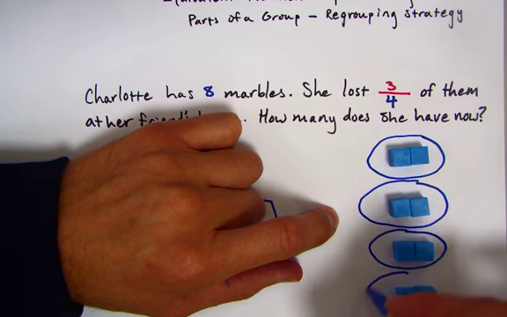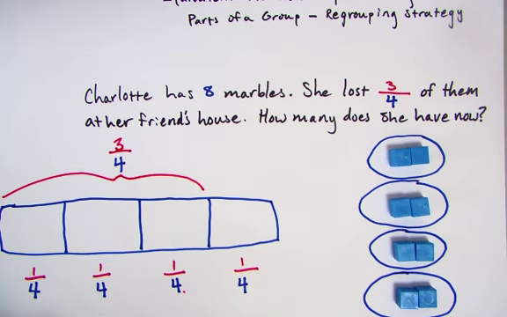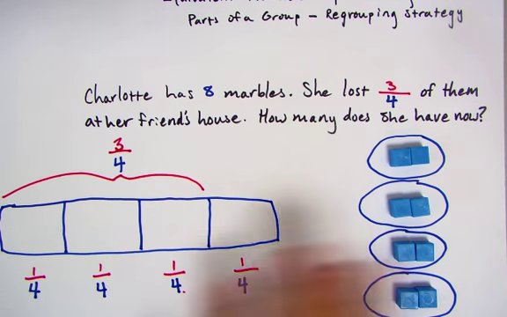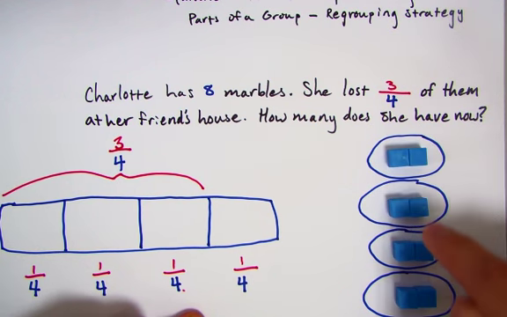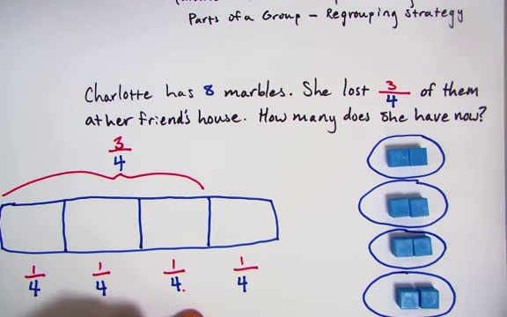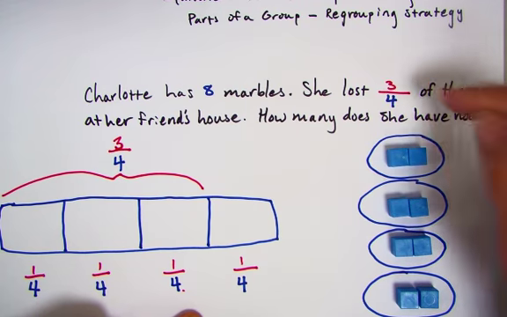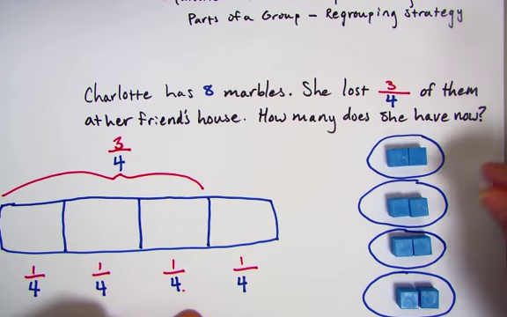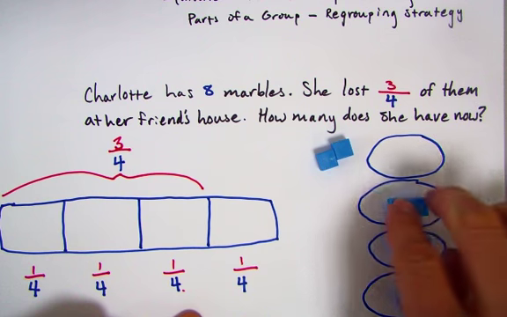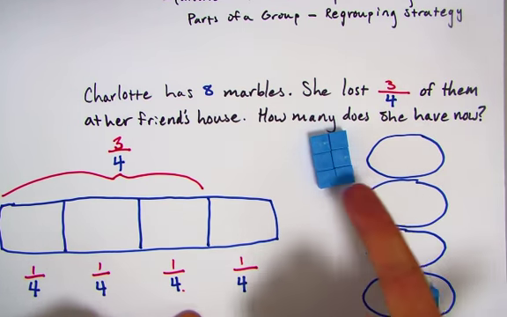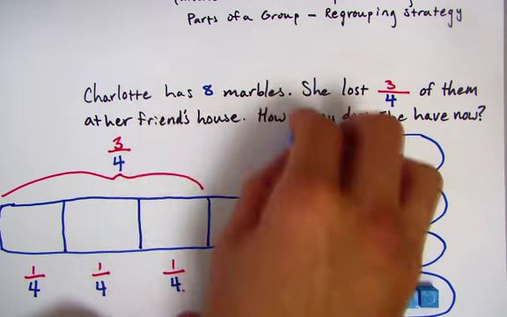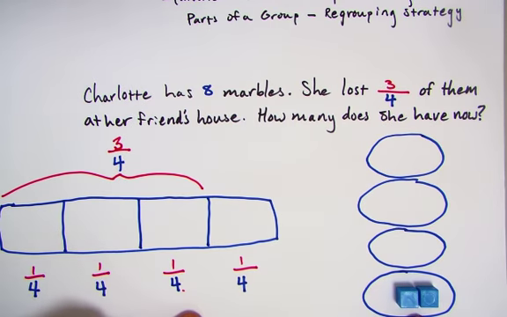There's 1/4. And there's 1/4. I'm not going to label it because I just labeled it down here. But you do see that this is 1/4, this is 1/4, this is 1/4, this is 1/4. So now we say that she lost 3/4. Well, this is 1/4, this is 2/4 now, and now this is 3/4. So she lost 6 marbles. I'll throw them off, and she's left with 2. She only has 2 marbles now.